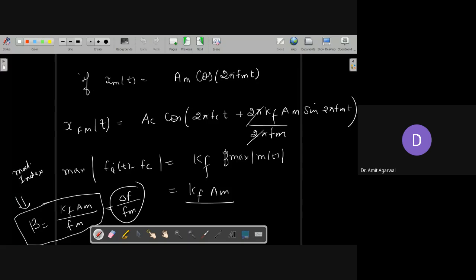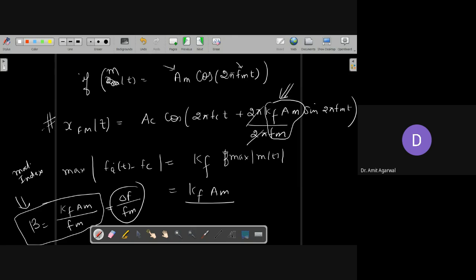If your message signal is sinusoidal of amplitude Am and frequency fm, for this particular scenario the FM signal would become Ac cos 2 pi fc t plus, just put the value of m(t) here and integrate, so we get this equation: x(t) is Ac cos of 2 pi fc t plus kf Am by fm sin 2 pi fm t.